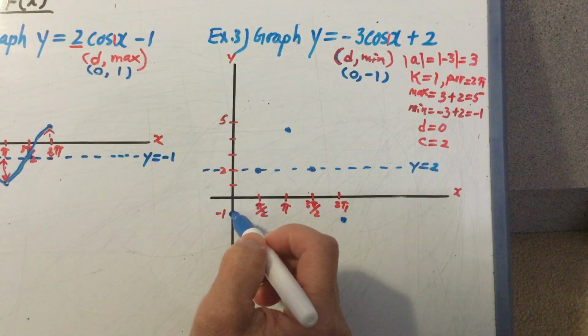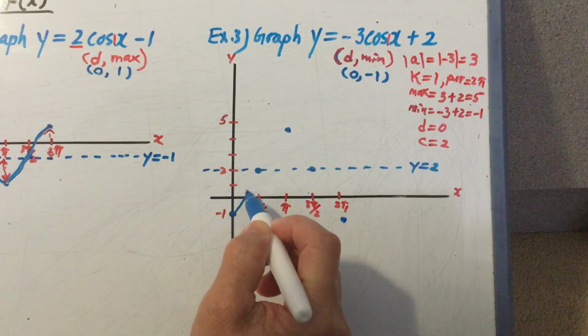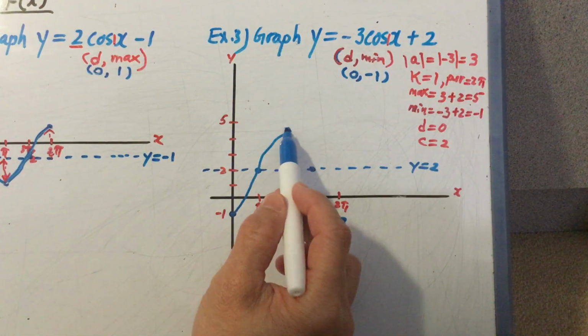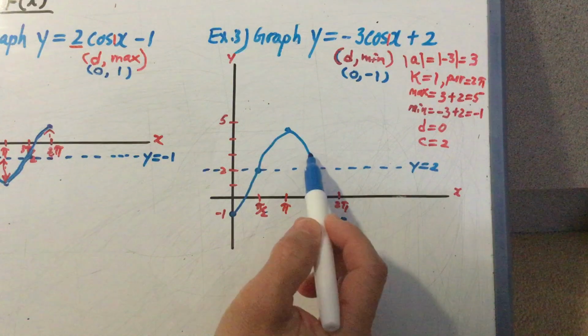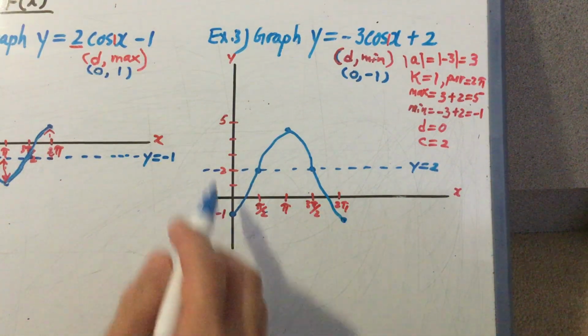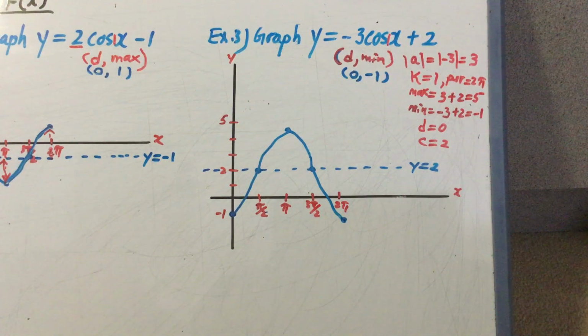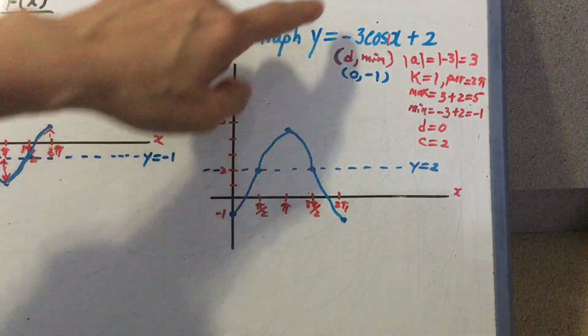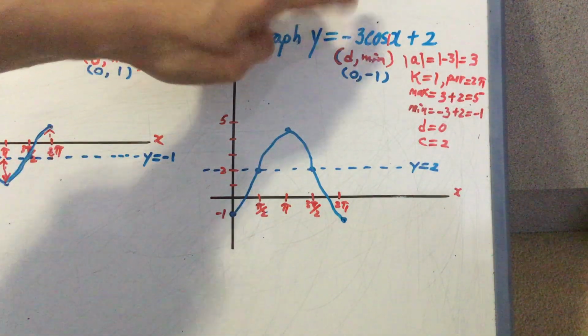So slowly, if you connect all of this with a smooth curve, this is the cosine function upside down because it actually flipped because of the negative a.